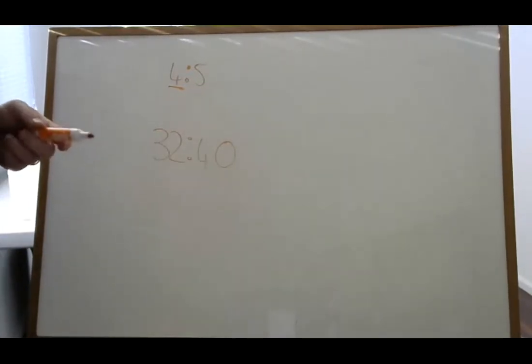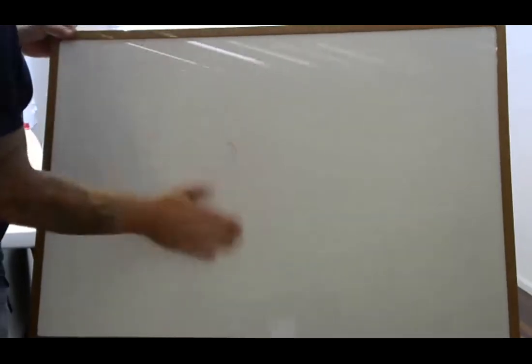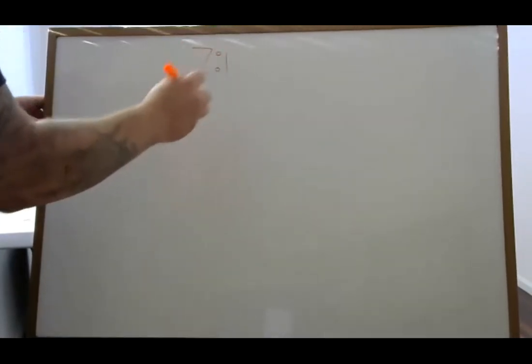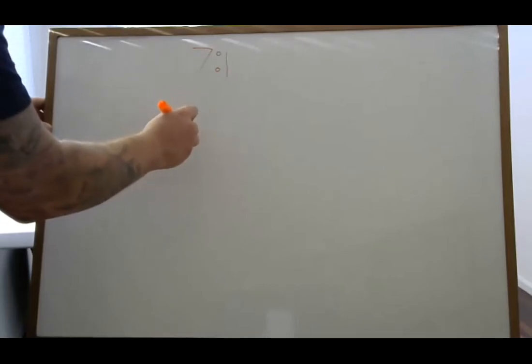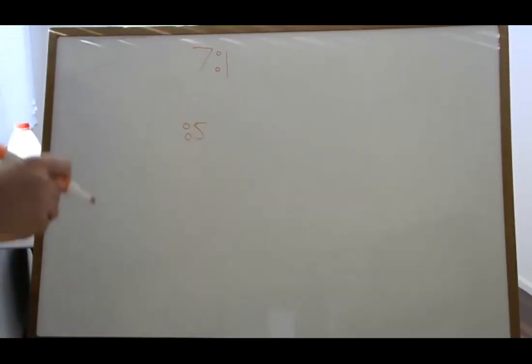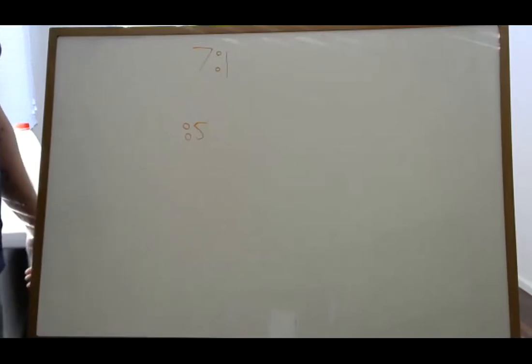All right. Seven to 1 is our equivalent ratio. And I'll show you my cheater way to figure this out.